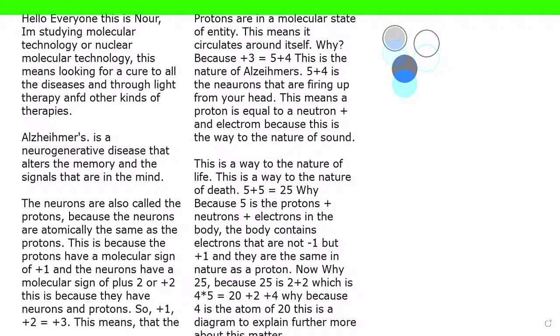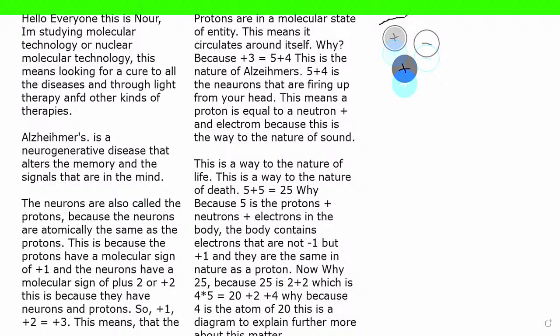So when a proton plus and a neutron minus and an electron, let's draw this in black, combine together.